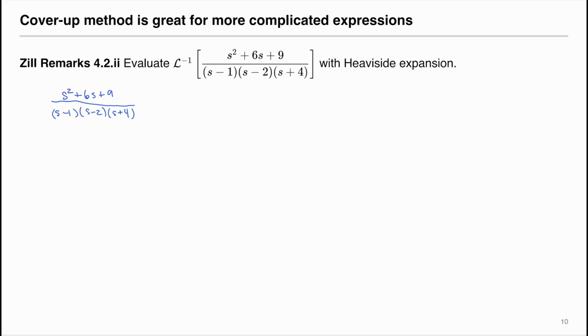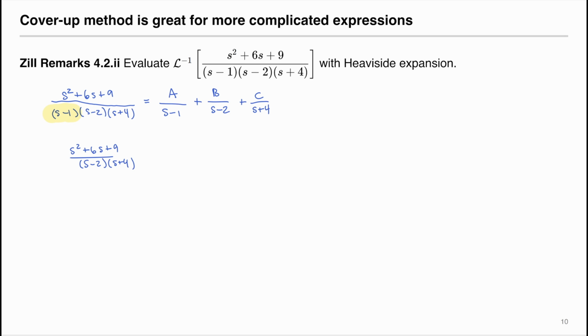First of all, let us write out the partial fraction: A over s minus 1, plus B over s minus 2, plus C over s plus 4. Let us first cover up s minus 1. So we have s squared plus 6s minus 9 divided by (s minus 2)(s plus 4).